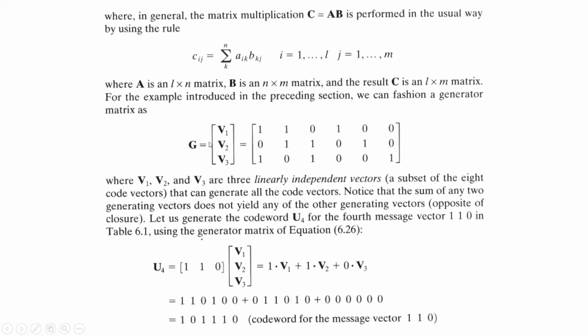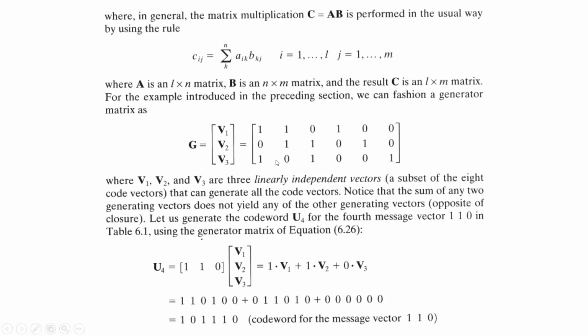Let us take an example here. Let's say this is my generating matrix G, and I can clearly see that 3 rows are there. If 3 rows are there, that means how many input bits are making one input block? Because how many rows will be there?